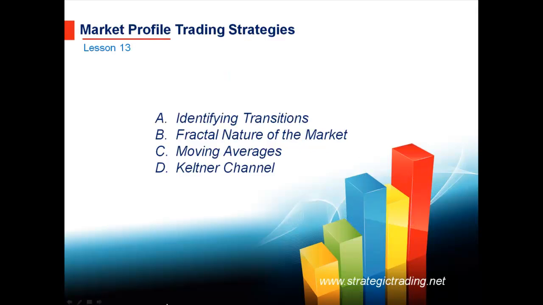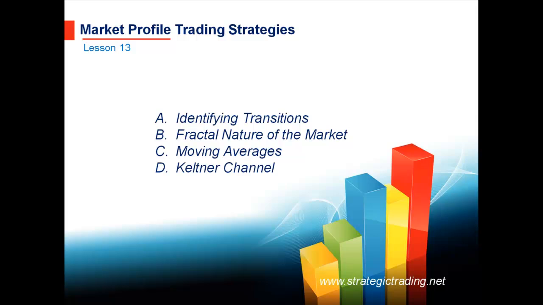All right. Today we are going to talk a little bit more about transitions in the market, transitions in control, and then we are going to talk a little bit about the fractal nature of the market and the fractal nature of the concepts that we've discussed regarding the profile.